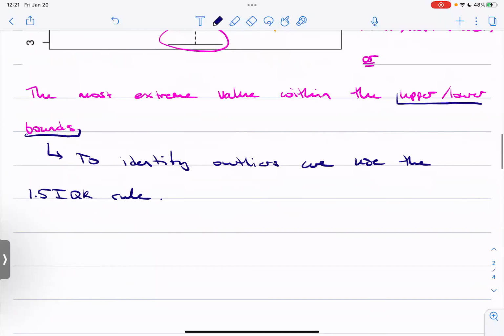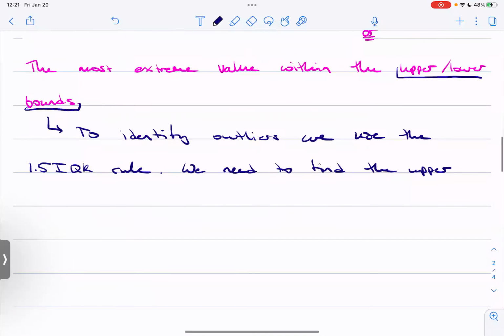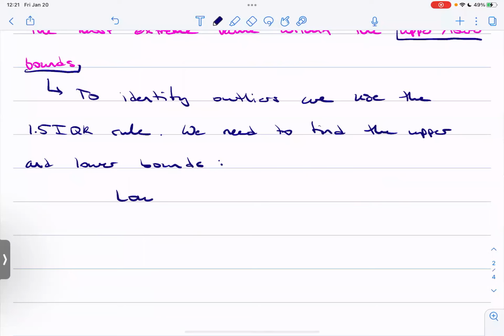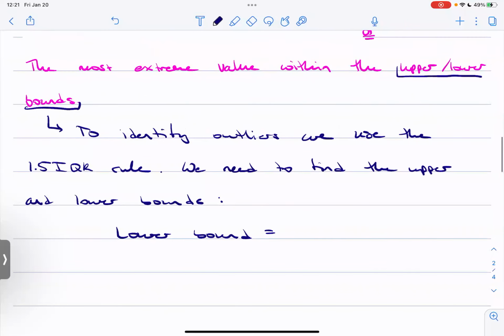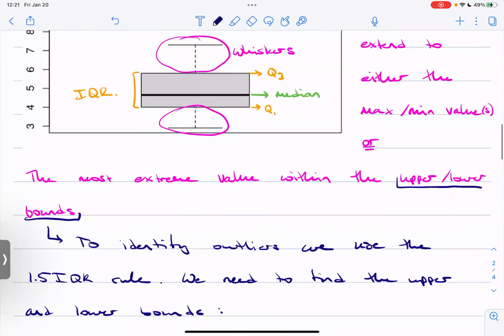Okay, and so we need to find the upper and lower bounds. So the lower bound is going to be from Q1.